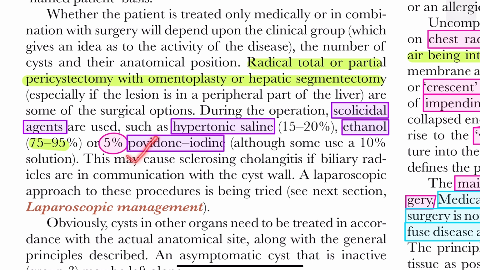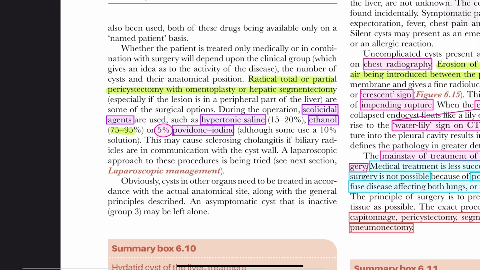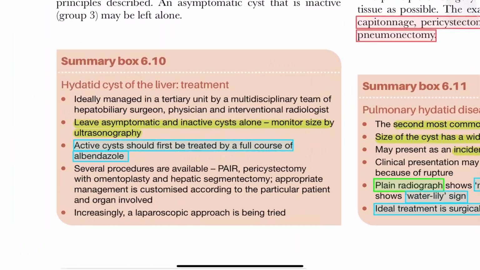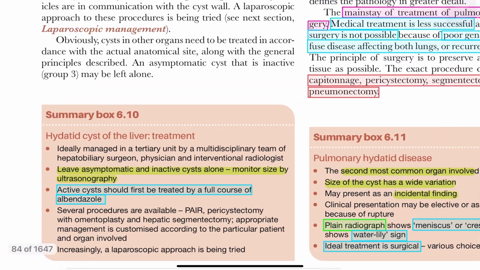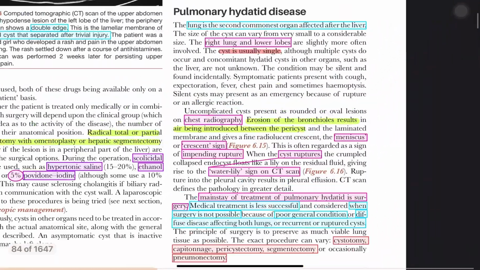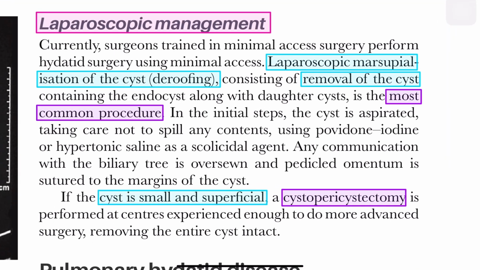But as Blumgart says, you should never use povidone iodine. An active cyst should first be treated with a full course of albendazole. In laparoscopic management, you should do laparoscopic marsupialization of the cyst, called deroofing, and removal of the cyst, the most common procedure.